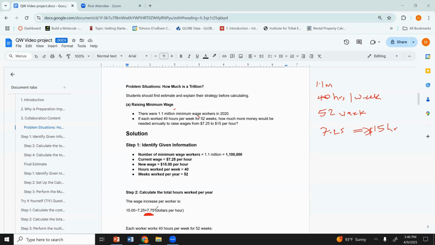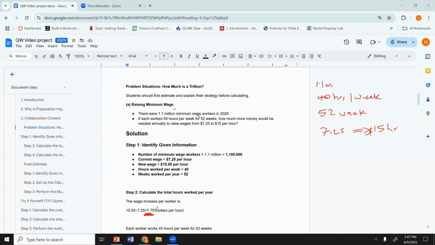This number means that every hour we have to pay each worker an extra $7.75 in order to raise their minimum wage to $15 per hour. Okay, so now we have a very crucial piece of information.